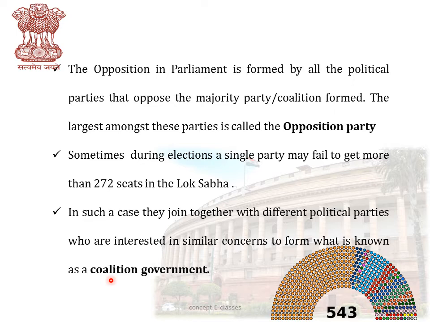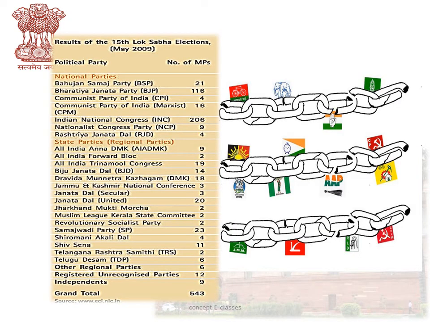So in short, when a party fails to get more than 272 seats, they join together with different political parties having similar concerns, and that is called a coalition government.